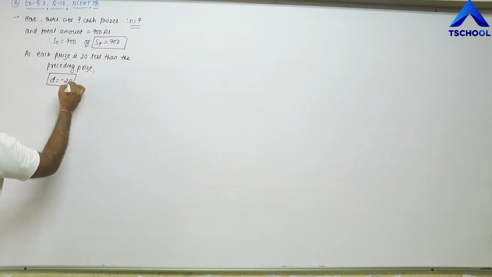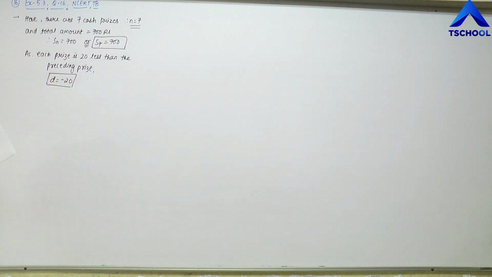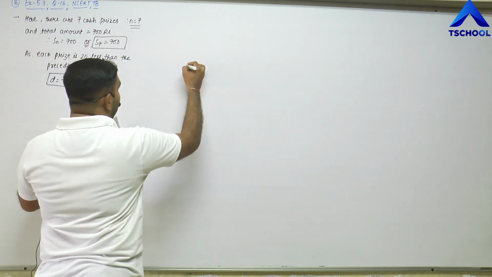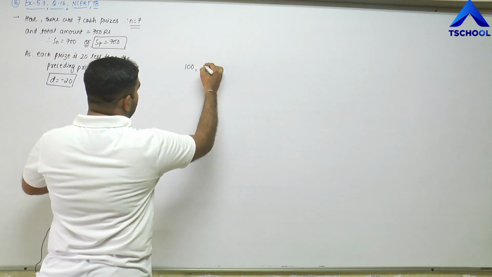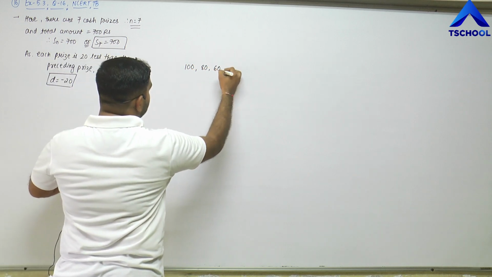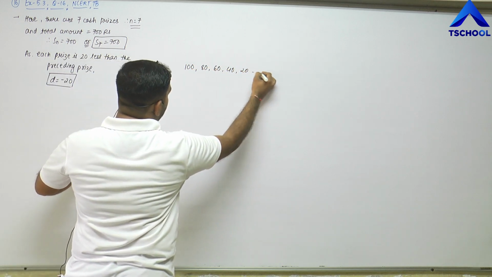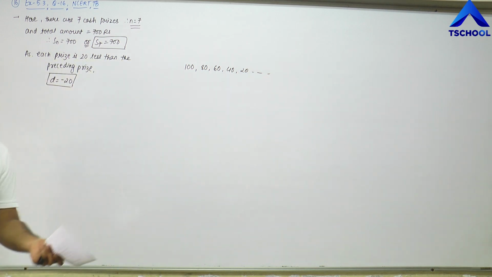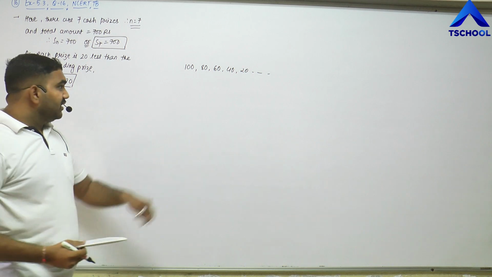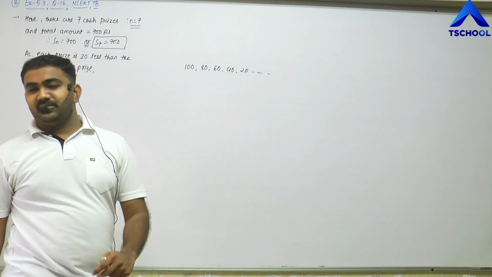Why, friends? See that the prize is less than the preceding prize. So for example, if I take that the first one gets 100 rupees, then the second one will get 80, 60, 40, 20 and so on.